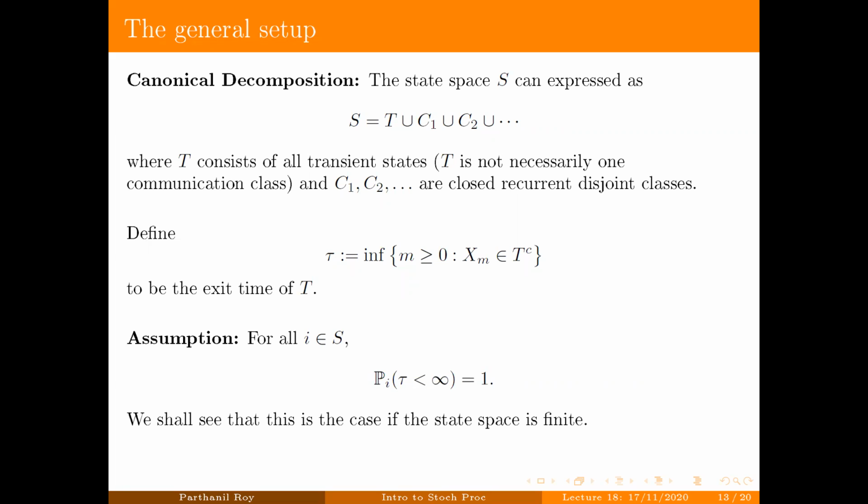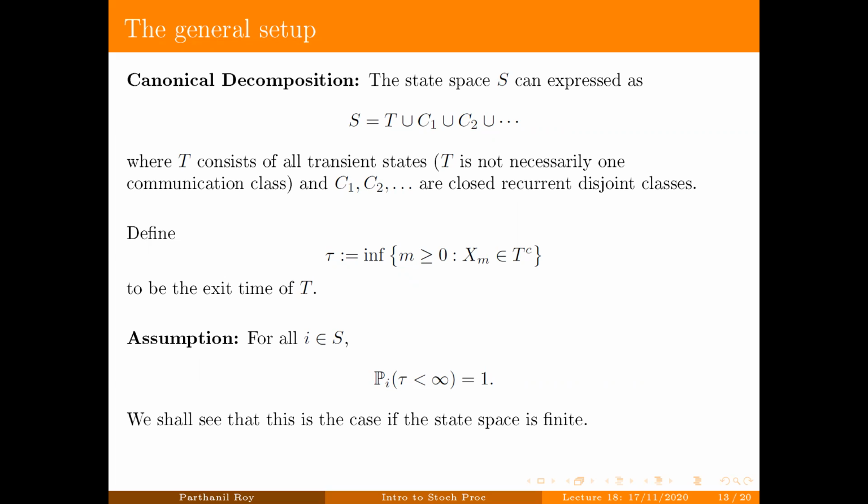Now this may not happen when the state space is infinite. Many examples can be given, but one example would be where all states are transient. Then of course, you will never be able to hit any recurrent state at all.